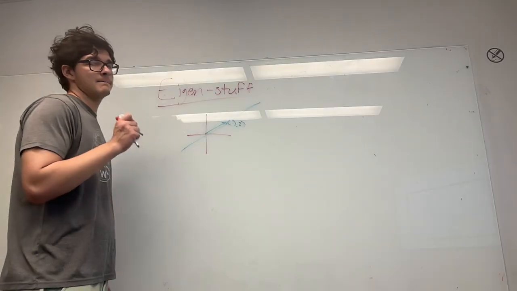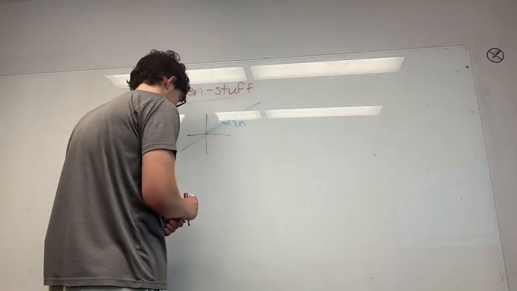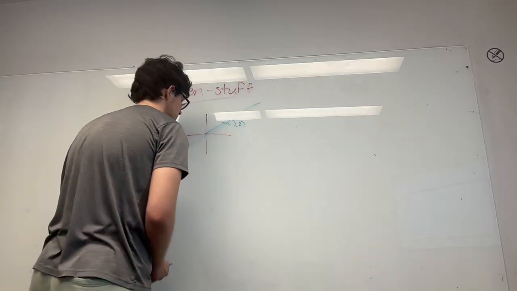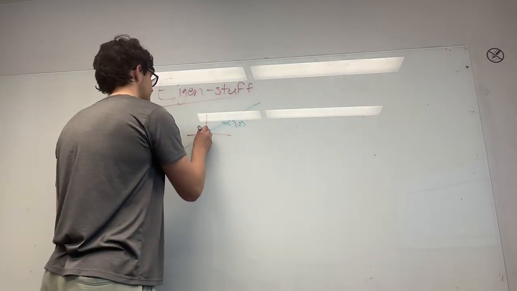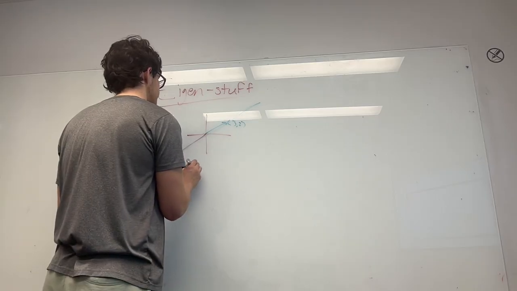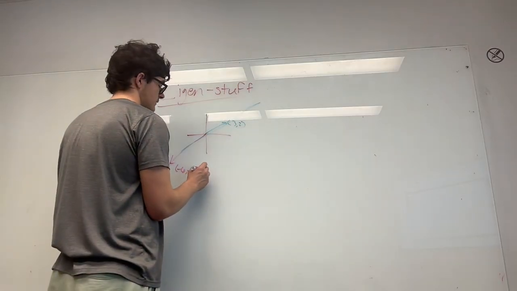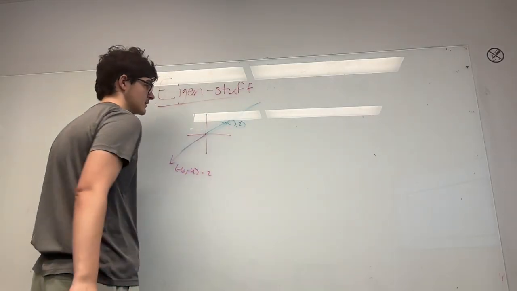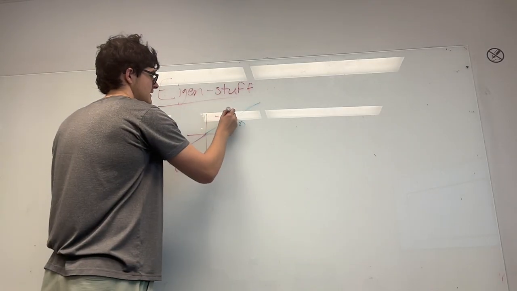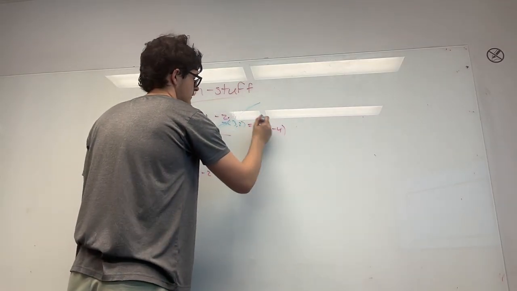And then the amount that it's scaled by, so let's say after some linear transformation, this vector is now -6, -4. The eigenvalue would be -2, because -2 times that equals -6, -4.